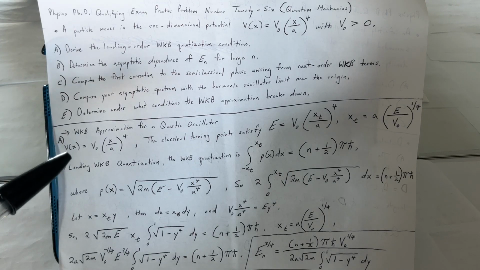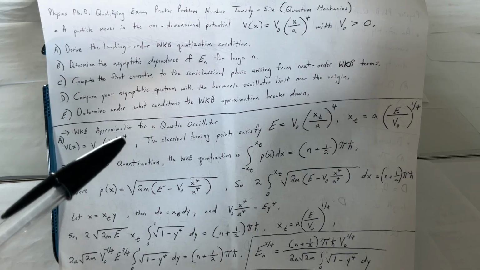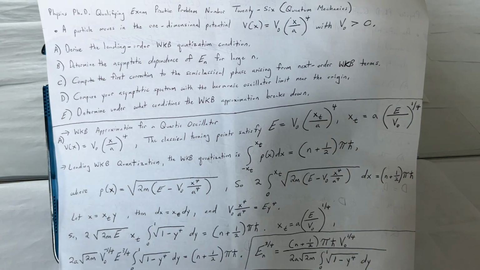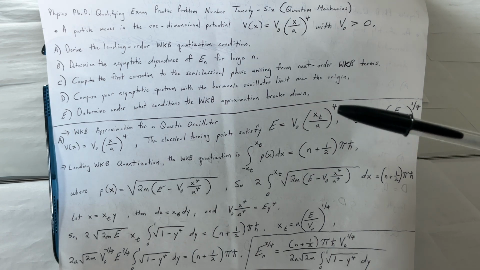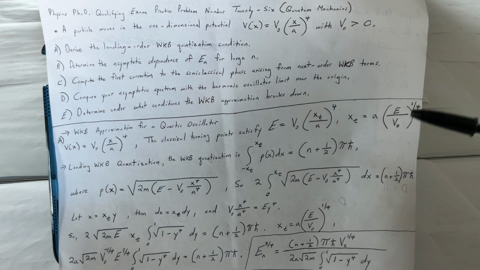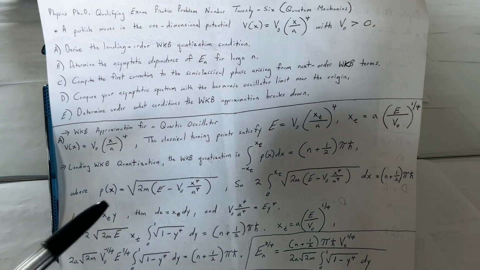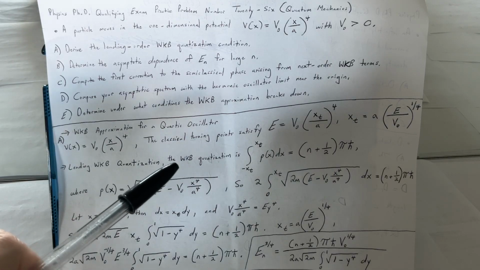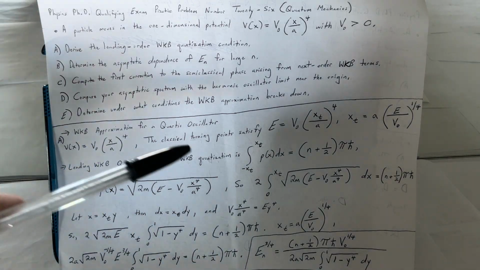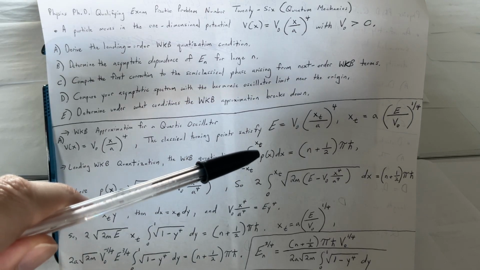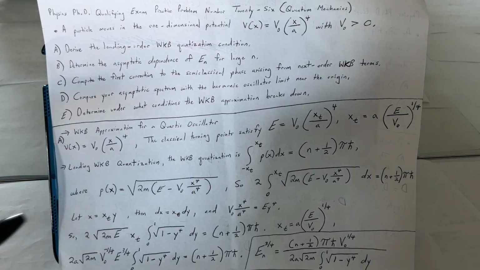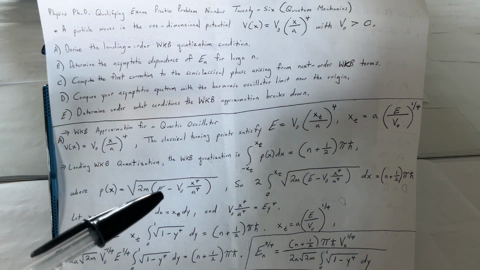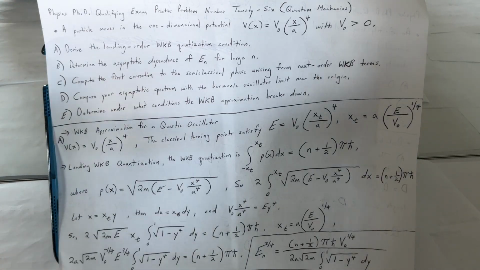So what we could say here for part A, well, we have V of x equals V naught times x over a to the fourth. The classical turning points satisfy E equals V naught times x sub t over a to the fourth, and x sub t equals a times the quantity E over V naught raised to the 1/4. And for leading WKB quantization, the WKB quantization is this integral from negative x sub t to x sub t of P of x dx equals the quantity n plus 1/2 times pi h bar, where P of x equals the square root of 2m times the quantity E minus V naught x to the fourth over a to the fourth.